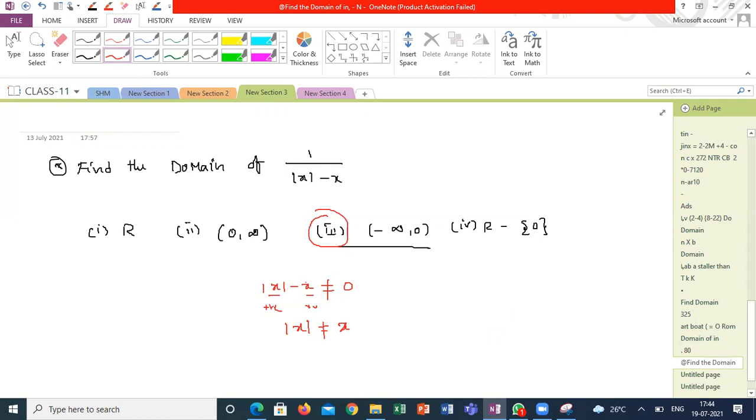If x is negative, mod x will be positive, and minus x, the negative of negative, is positive, so the sum will not be equal to 0. So x must be less than 0.